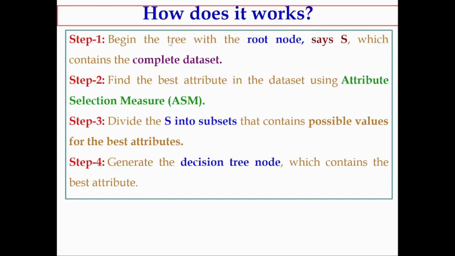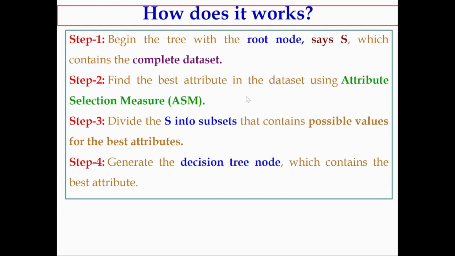These are the types of decision trees, and now how the decision tree works. We have five steps in decision trees. Step one: begin the tree with the root node, say S, which contains the complete data set. Step two: find the best attribute in the data set by using any algorithm.